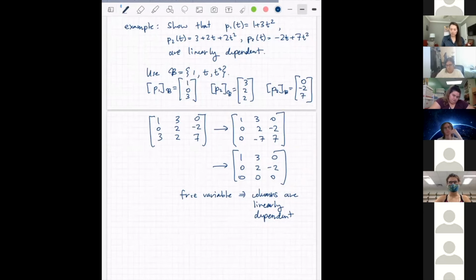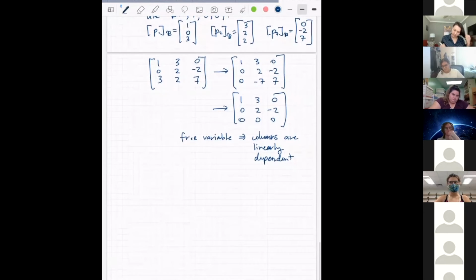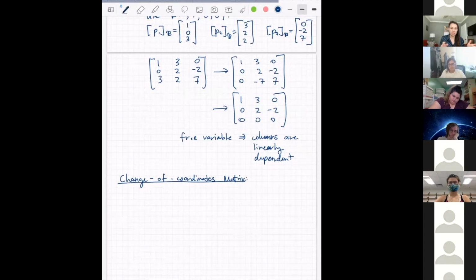Right. So there is a particular matrix. In Rn, we can have this change of coordinates matrix, which might make finding the coordinates of a vector in a new basis a little bit easier.